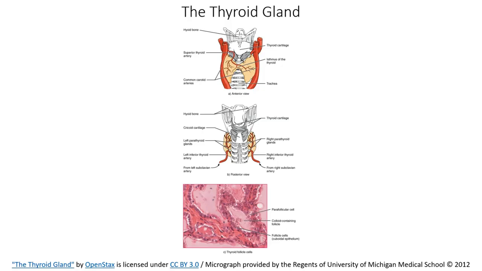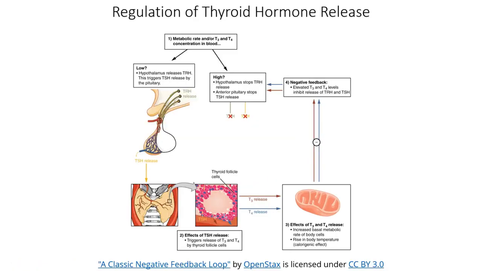And it is going to, again, be stimulated by that thyroid stimulating hormone coming from the anterior pituitary gland. So we are going to get signaled by that TSH from the anterior pituitary gland, and that is going to produce something called thyroglobulin, which is the precursor to the two thyroid hormones that get produced, T3 and T4.